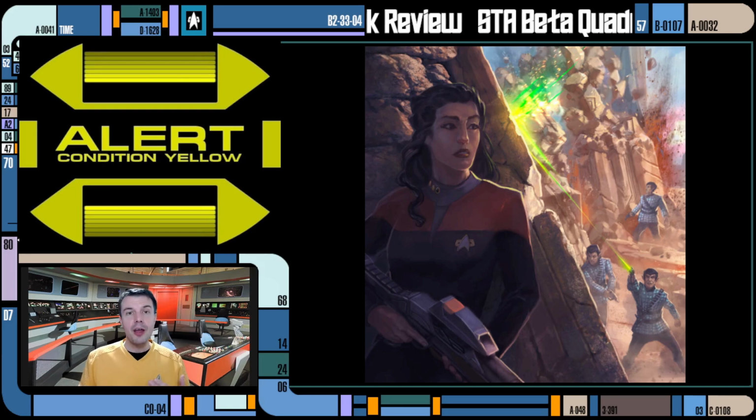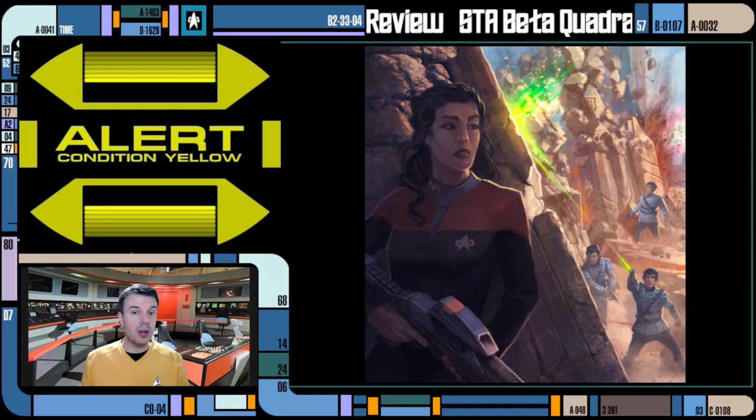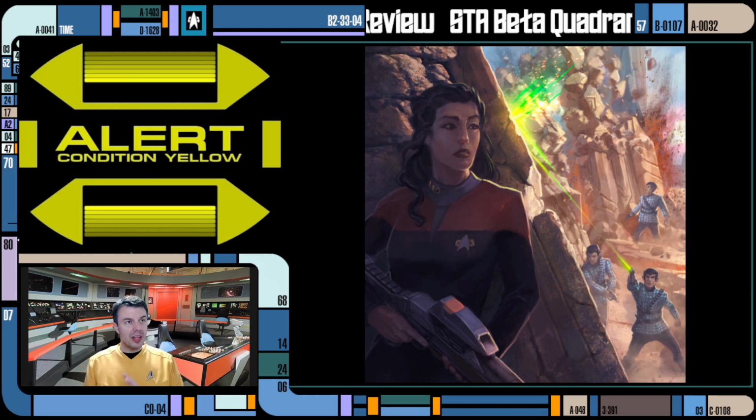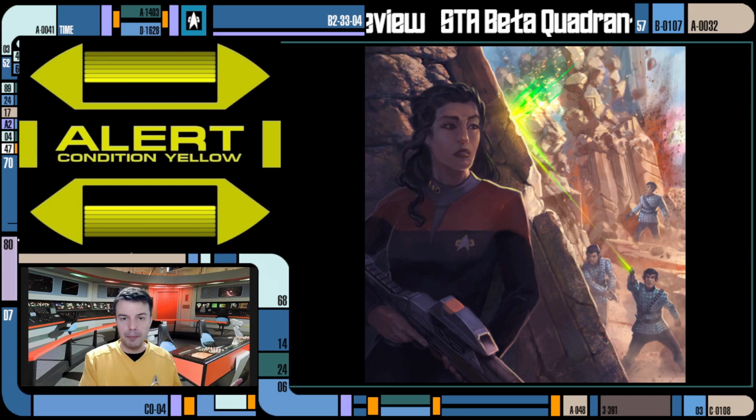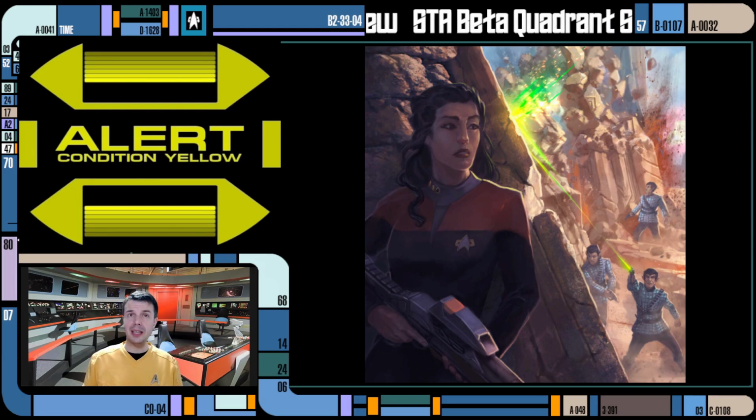And this reminds me of what basically mission briefs are now. So this was like the prototype, the beta version of what eventually became mission briefs, which I believe debuted in the Klingon core rulebook. Don't quote me on that.